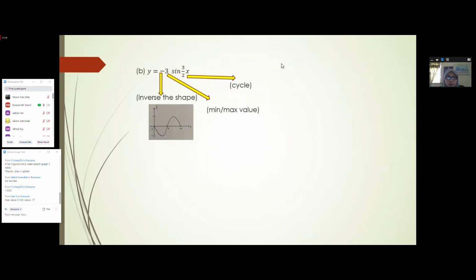Have you done? Done? Okay, this is my graph. Compare with your graph. When you sketch, don't sketch too small and don't sketch too big, yeah?